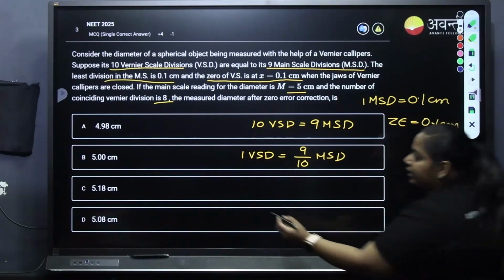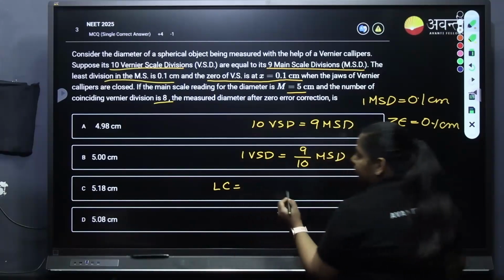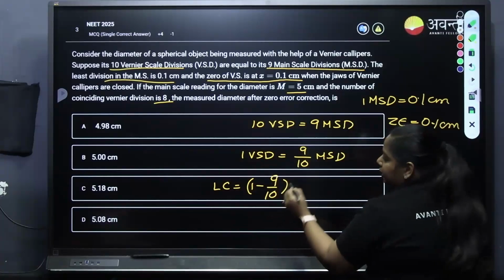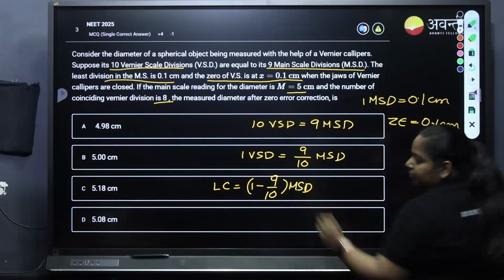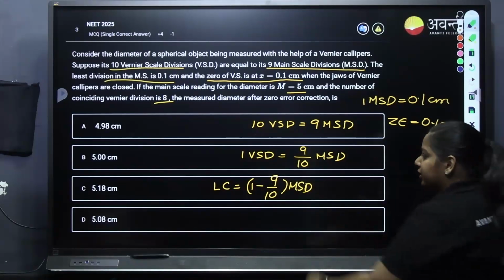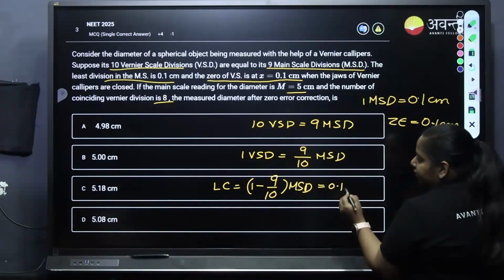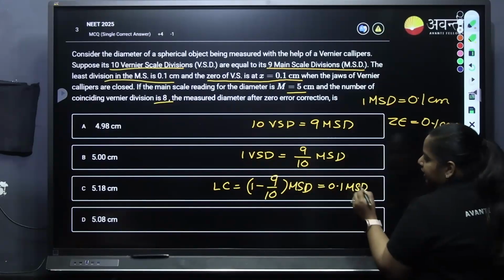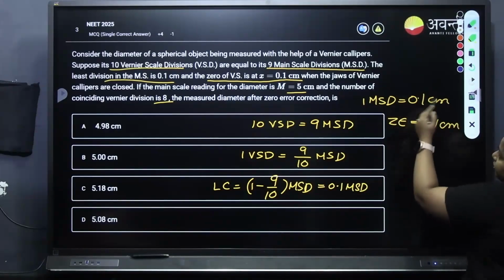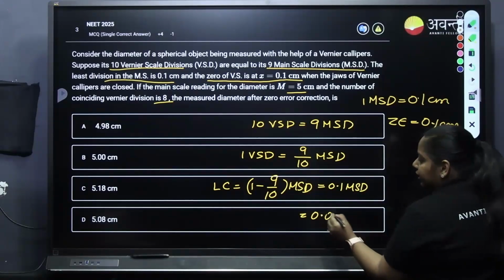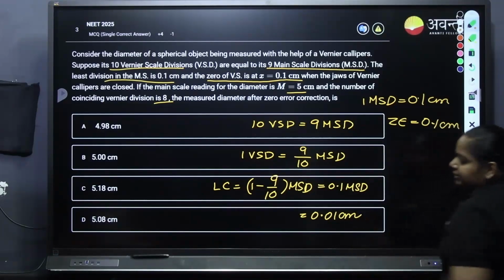Least count equals 1 minus 9 by 10 into MSD, from our previous equation. So this will be equal to 0.1 MSD. MSD is equal to 0.1 centimeter, so this will be equal to 0.01 centimeter.